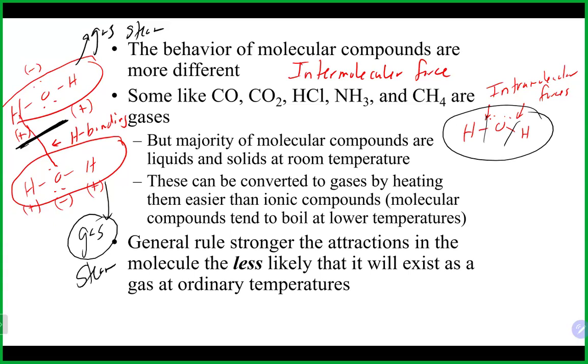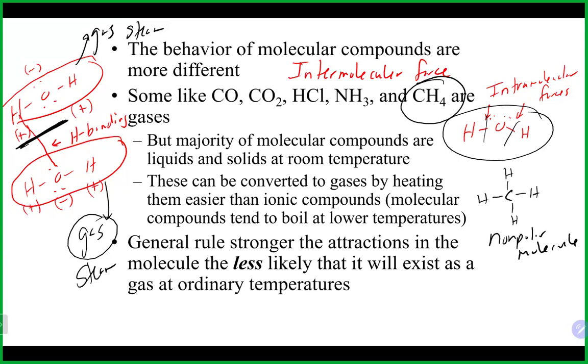Why are some just in the gas phase to begin with? Let's take something like methane here. If we take something like methane and draw a little Lewis structure, right? Methane is a nonpolar molecule. And we know that the bond between carbon and hydrogen is nonpolar. The entire molecule is symmetrical as well, so it's nonpolar.